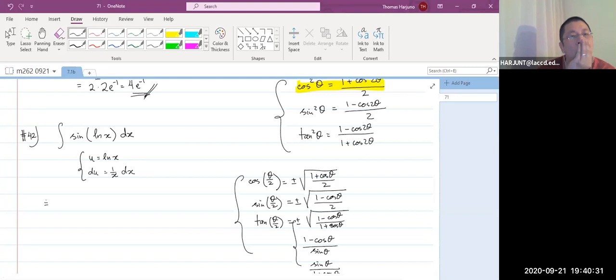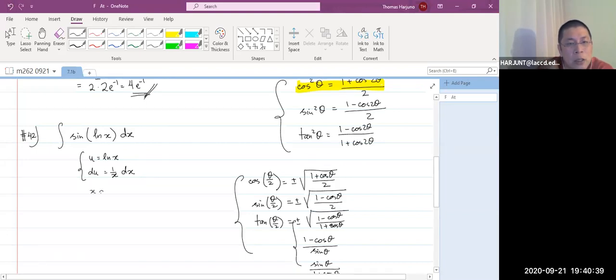But hold on, I need to solve x by itself. So x du equals dx. But if u equals ln x, what will x be? e to the u, right? So this is e to the u du equals dx.